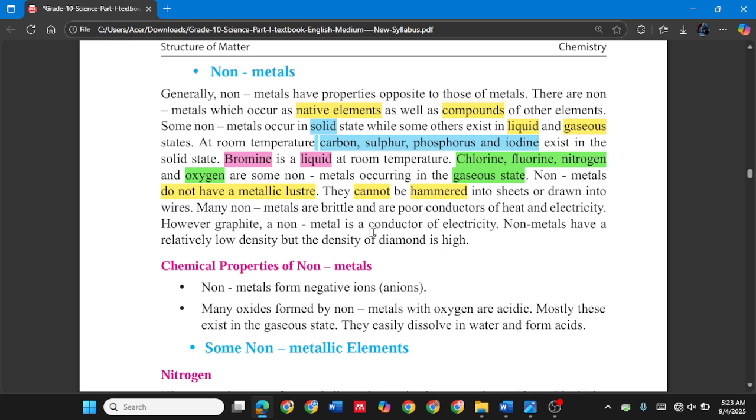Many nonmetals are brittle and poor conductors of heat and electricity.